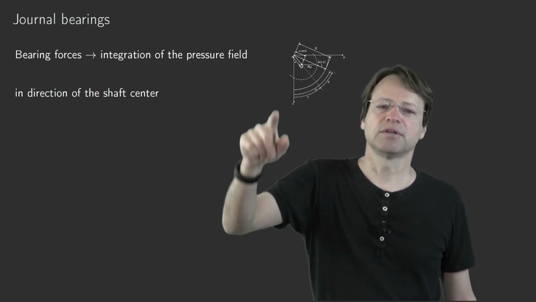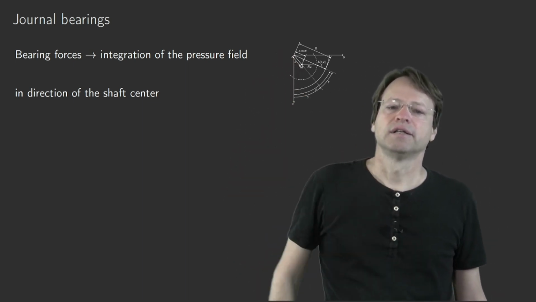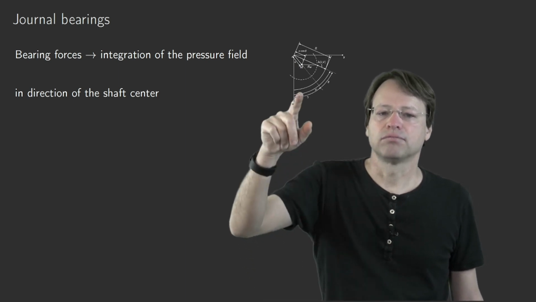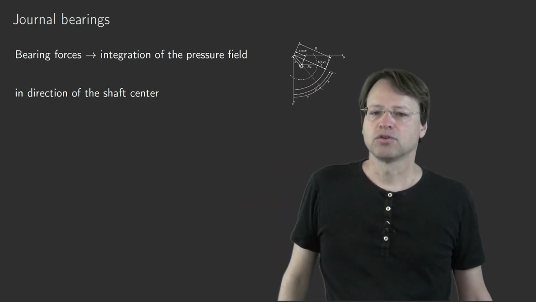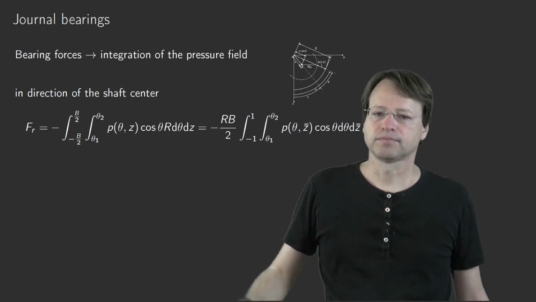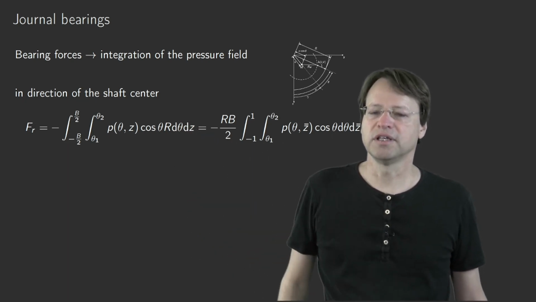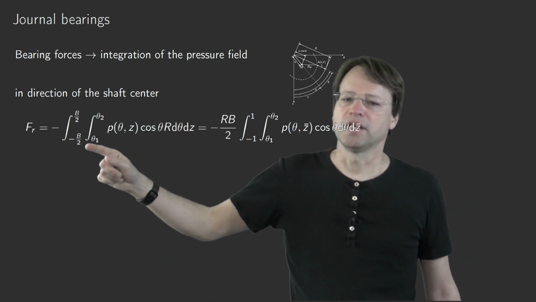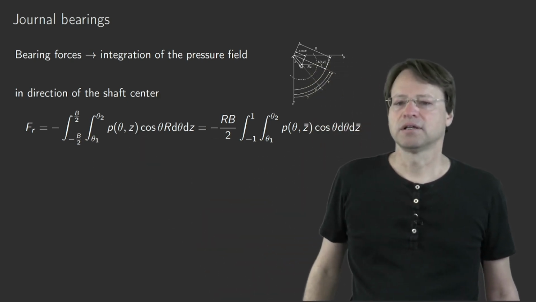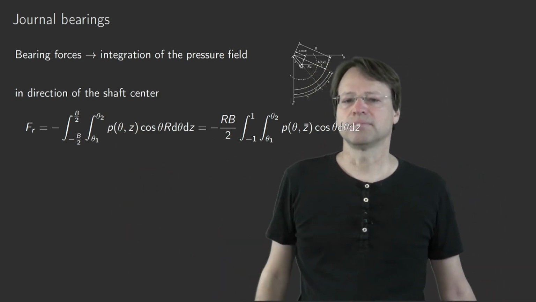So from that pressure field we have to project onto that radial direction for the rigid body displacement of the shaft, and this can be done by the cosine of theta. So what we finally get is, let's look at the first term here. We integrate in axial direction from minus b divided by 2 to b divided by 2.